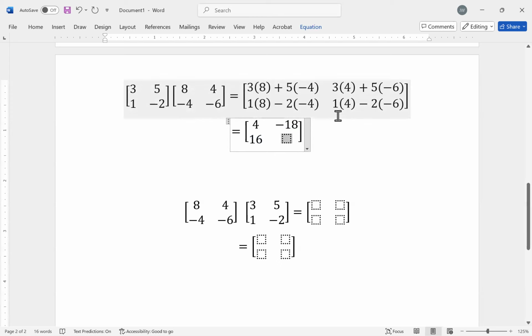And then 1 times 4 minus 2 times negative 6, that's 4 plus 12, which is 16. So I get that matrix when I multiply 3, 5, 1, negative 2 by 8, 4, negative 4, negative 6.